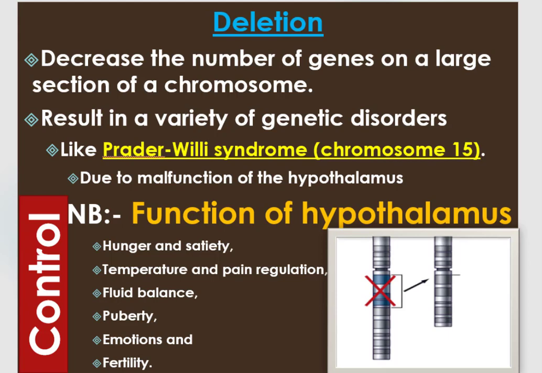The hypothalamus is a small endocrine organ at the base of the brain, which plays a crucial role in many bodily functions, which means the hypothalamus is responsible for controlling hunger and satiety, temperature and pain, fluid balance, puberty, emotion, and fertility.